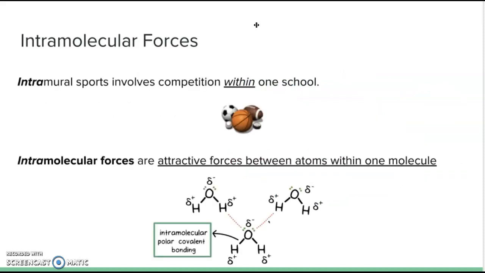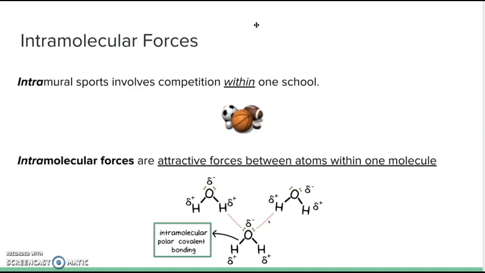Intramolecular forces. If I hear the word intra, I could think of something such as intramural. These are sports. Intramural sports are sports that happen within one school. A lot of people, when they go to college, might participate in intramural sports.